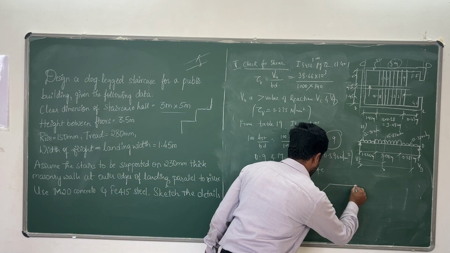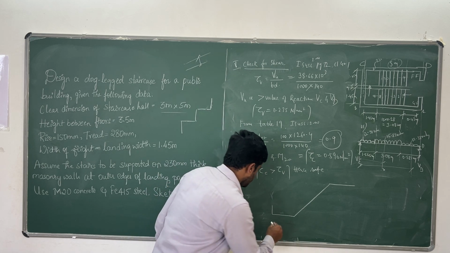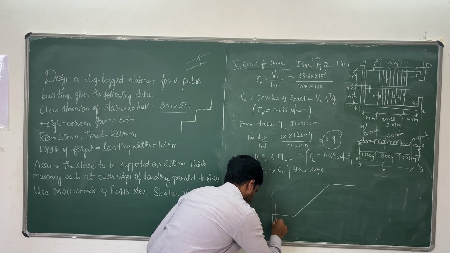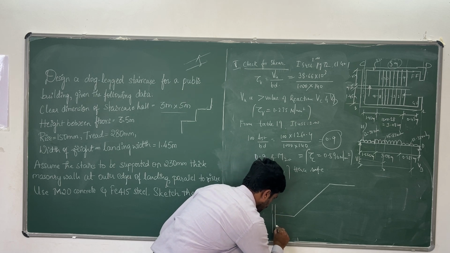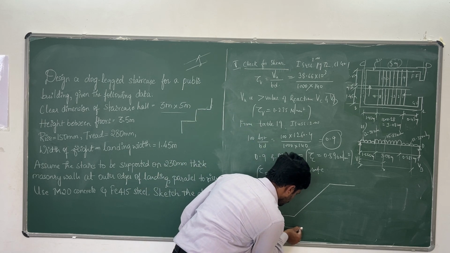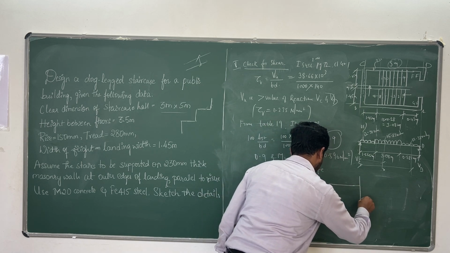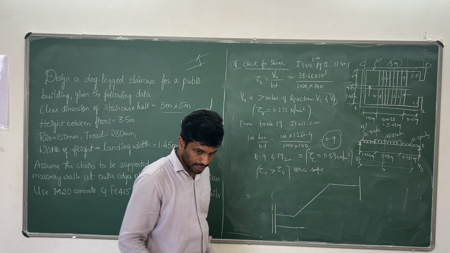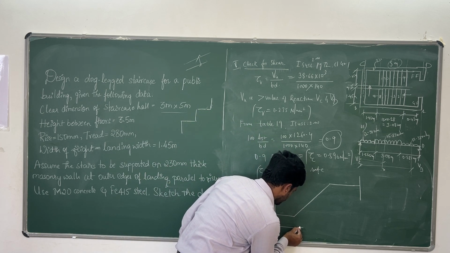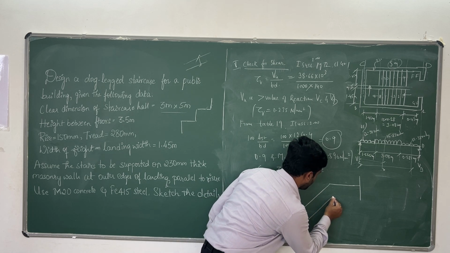Approximate sketch: landing, and landing next. The waist slab.